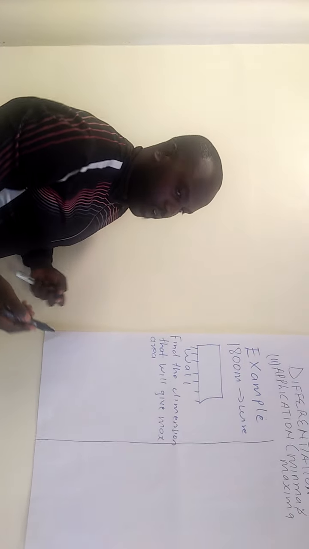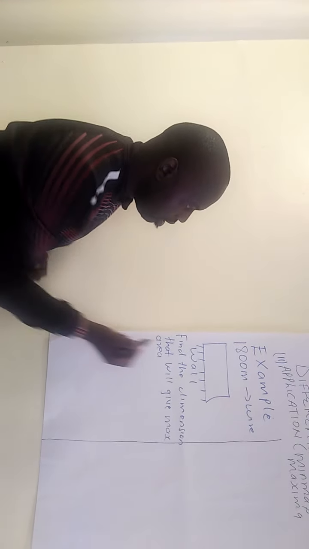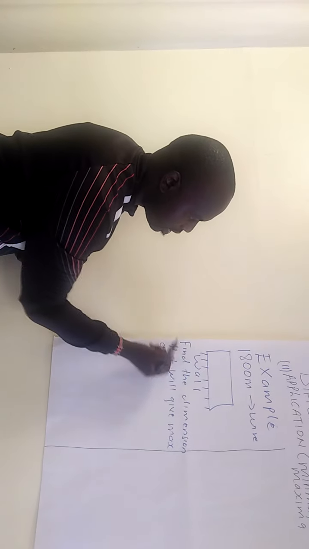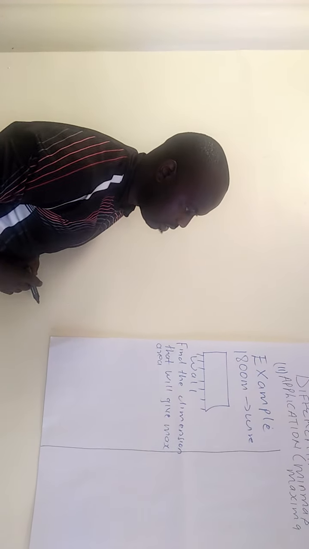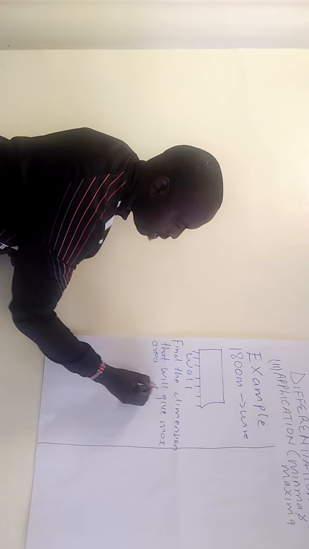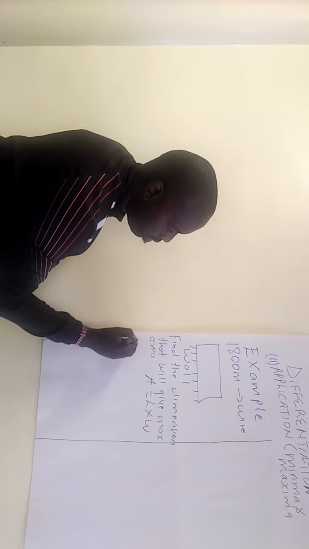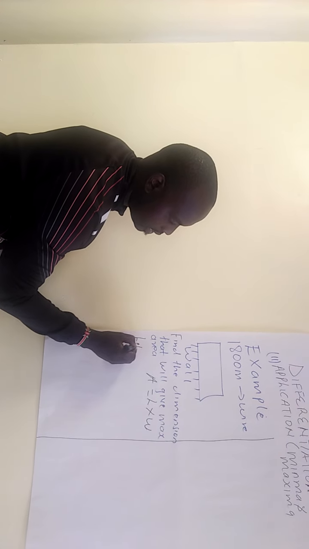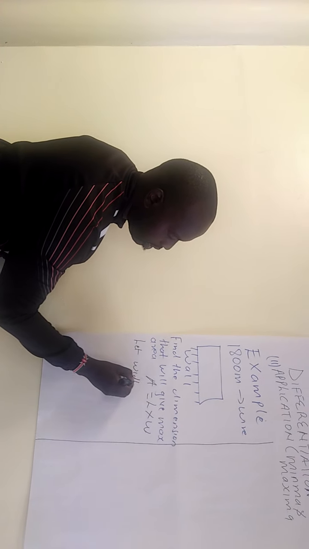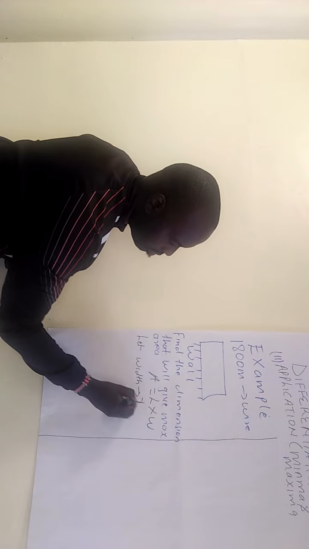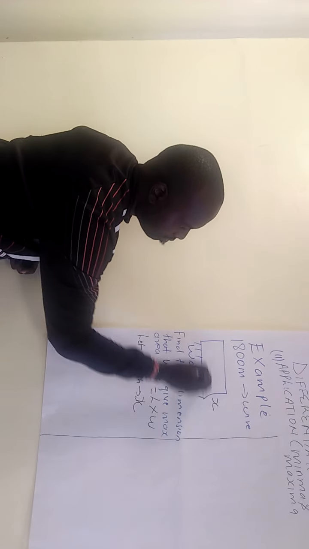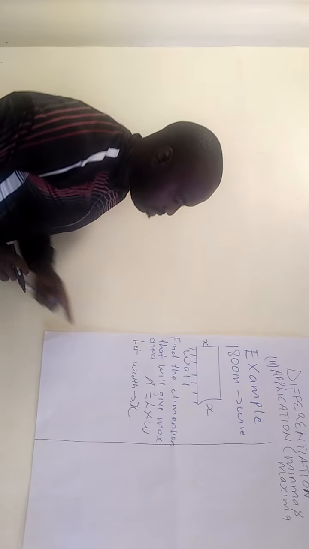The first thing we need to find, remember algebra, is an expression for this rectangle. Remember there are three sides. So we know area is given as length times width. Let the width be x, so this will be x and this will be x.